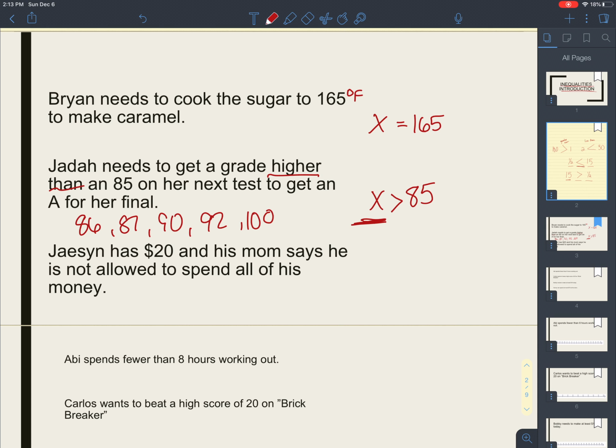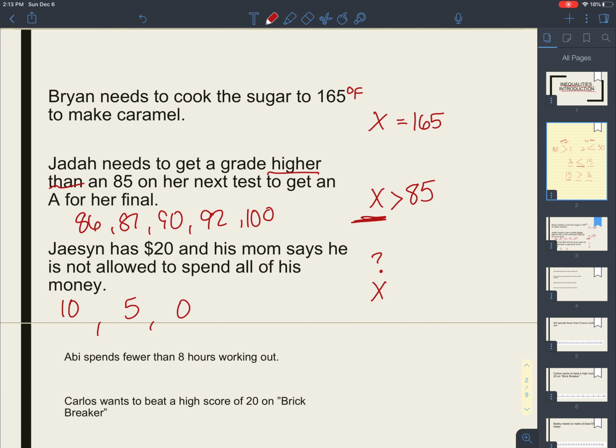Another example is Jason has $20 and his mom says he is not allowed to spend all of his money. So when we want to know what can Jason spend, he could spend $10, he could spend $5, he could spend $0.